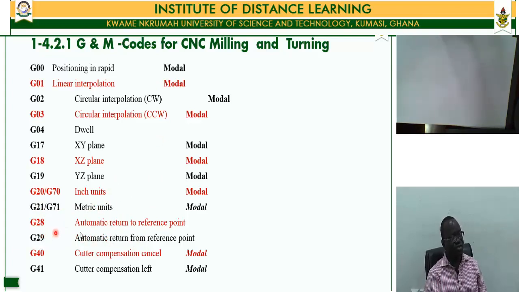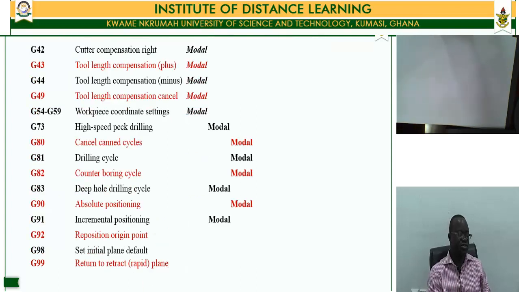And then we have G17, G18, and G19 talking about the planes that you will have to work with, that is, whether you're in an XY plane, XZ, or YZ plane. G20 or G70 is for the inch units.